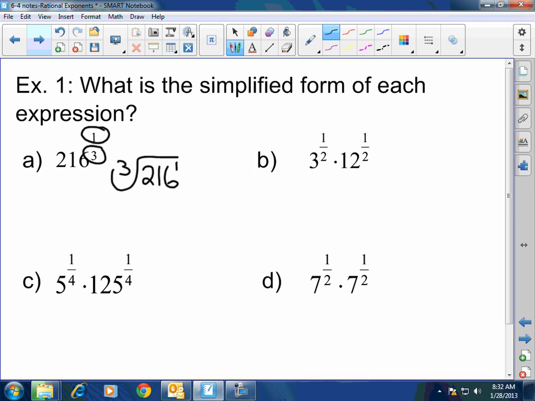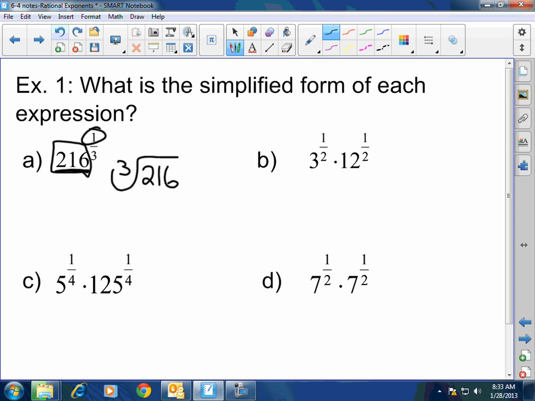What was the index? 3. Boom. So, I hope you guys saw that. When I have 216 to the 1/3, that's the third root of 216. The power of the radicand is 1. So that's why I did not have a power for 216, because it's invisible.